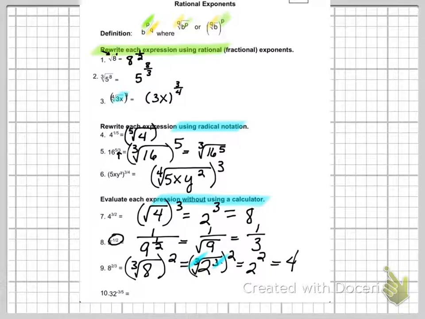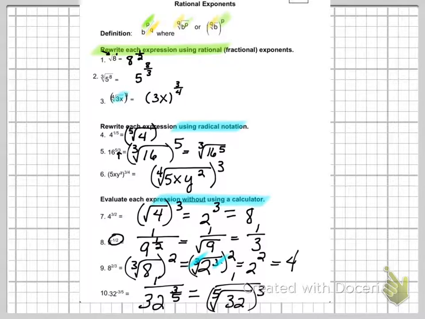Now 32 to the negative 3/5. That's 1 over 32 to the positive 3/5. Okay. And then again, that's 1 over the 5th root of 32 cubed.